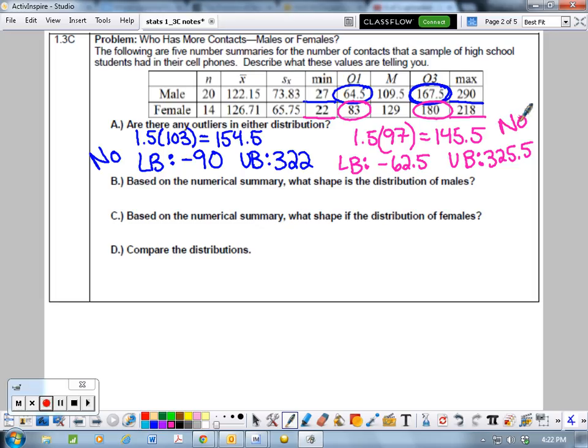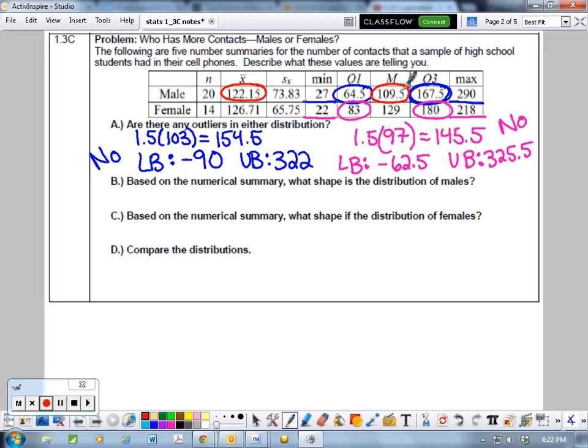So now that we know there are no outliers really affecting our mean and median, we can determine the shape of our distribution by comparing our mean and median. When I'm looking at the males, my mean is 122.15. My median is 109.5.